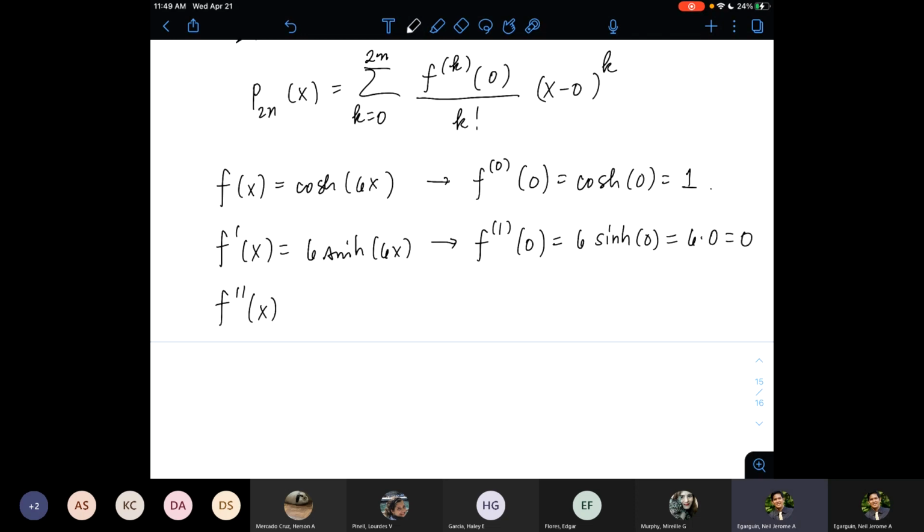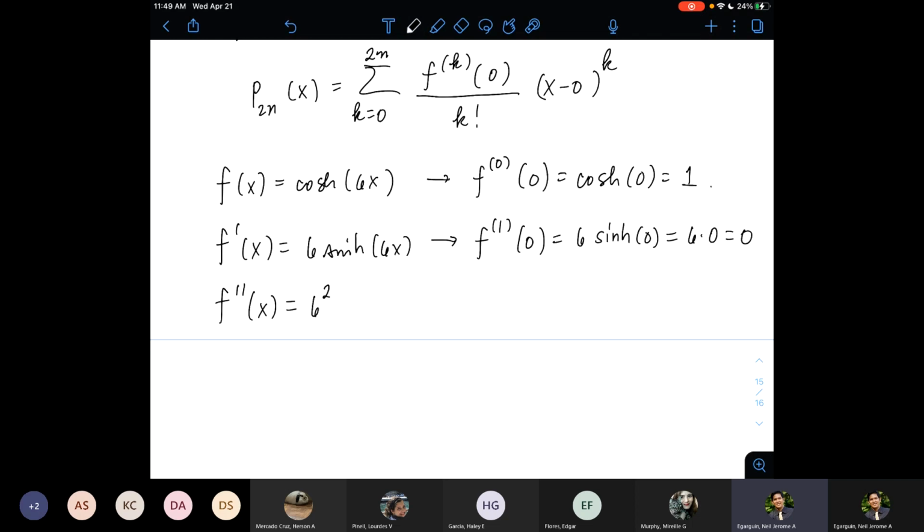You can move on to the second derivative. Just to see the pattern, the derivative would be 6 squared hyperbolic cosine of 6x. Remember, I'm applying the chain rule here. So the second derivative evaluated at 0 will be 6 squared times cosh 0, which will become 6 squared.